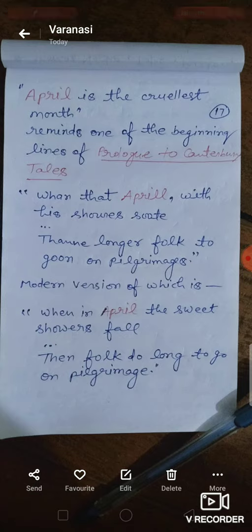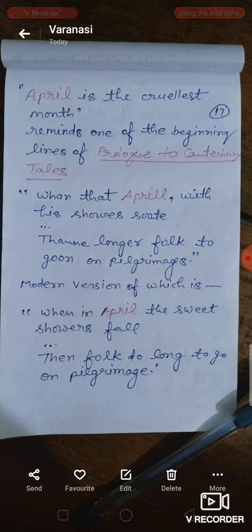But here, when we talk of 20th century England, since The Wasteland was published in 1922, one should remember that The Wasteland was written after the First World War.